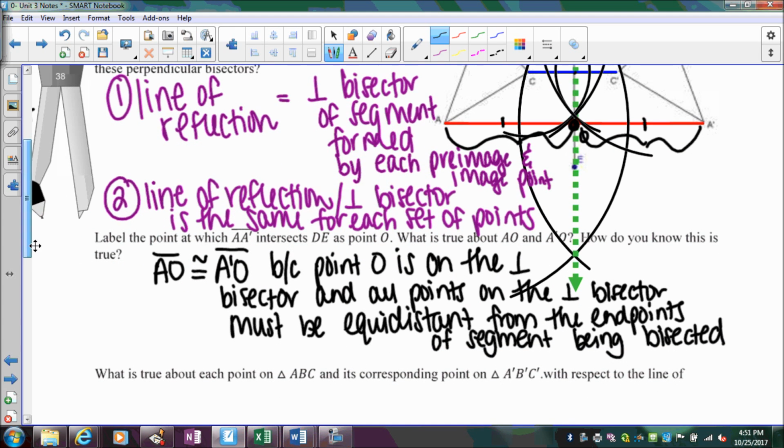The next piece asks what is true about each point on triangle ABC and its corresponding point with respect to the line of reflection. We basically just answered that.